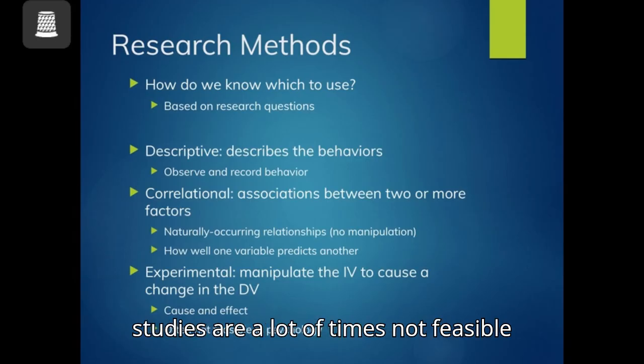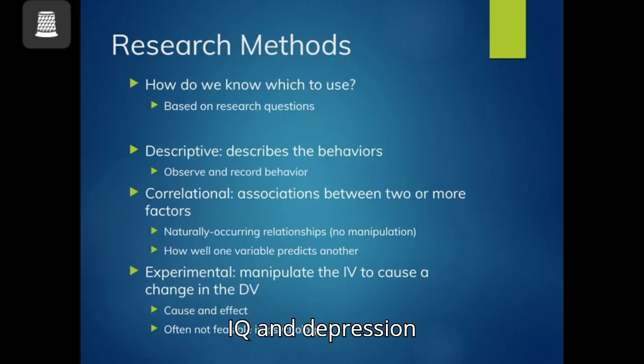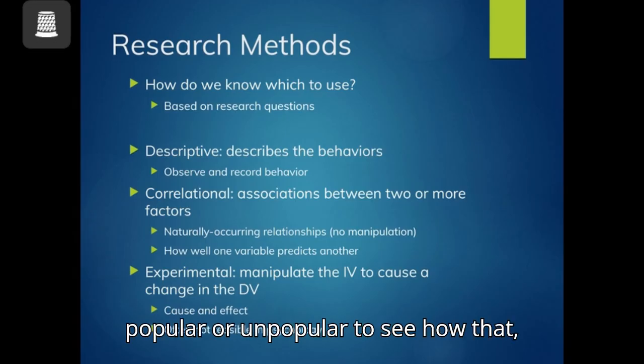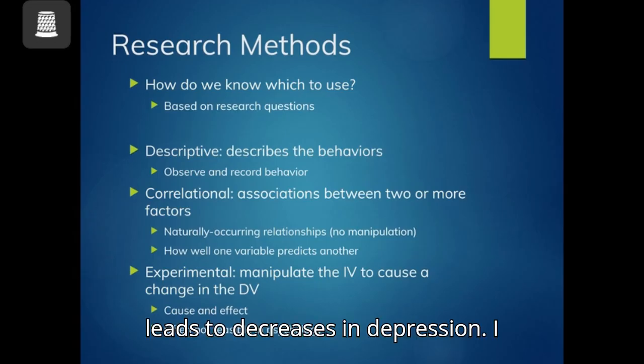Now, experimental studies are a lot of times not feasible in psychology because things like IQ and depression and popularity, these things, I can't change them. I can't assign people to be popular or unpopular to see if I'm saying that popularity leads to decreases in depression.